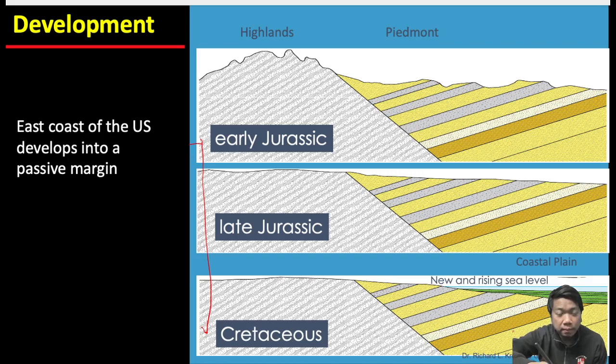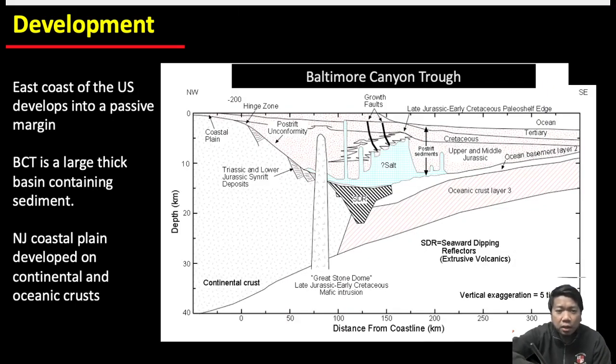Okay, this forms during the development of the passive margin that started out at about 200 million years ago, all the way to present day. So again, the New Jersey Coastal Plain develops into a passive margin, and it actually creates a very big basin, especially offshore New Jersey.